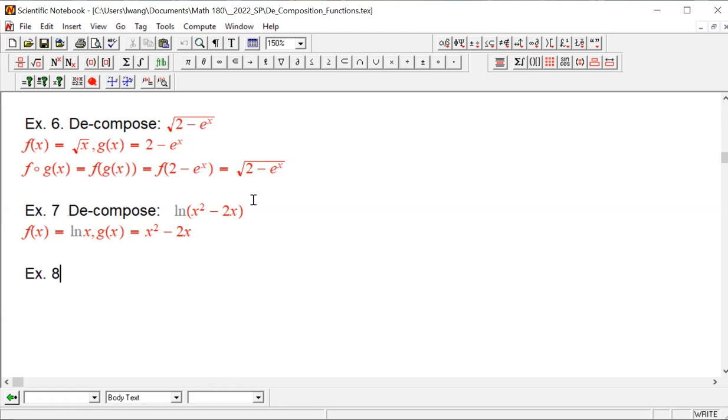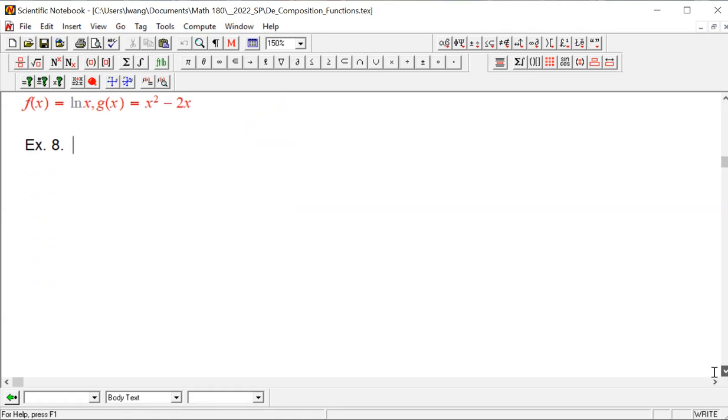Okay, number 8, we're going to do a comparative study. Okay, example 8 and example number 9. In example 8, we are going to decompose this function, cosine x to the power 2.